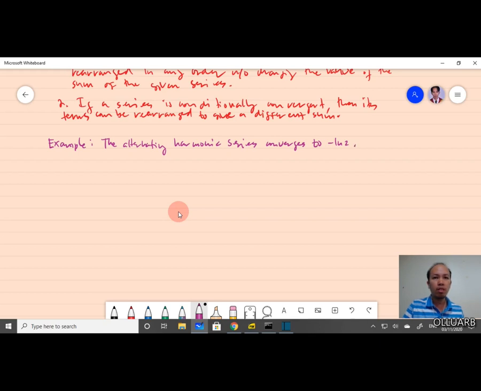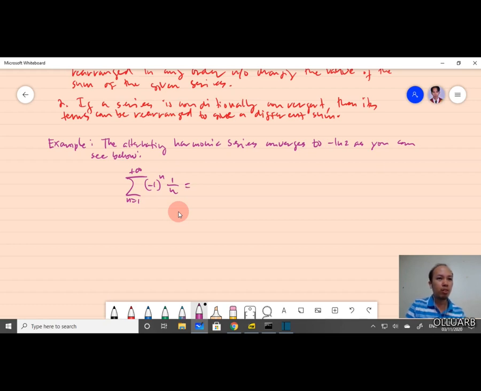Okay, as you can see below, the summation of (-1)^n starting from 1 to positive infinity times 1 over n.